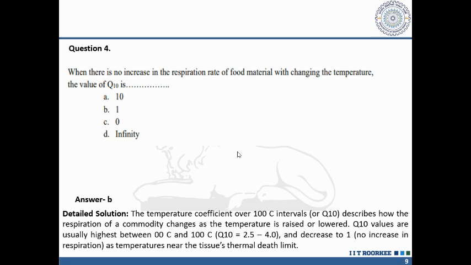The Q10 values are usually higher between 0 degree centigrade and 10 degree centigrade, that is Q10 is equal to 2.5 to 4, and decreases up to 1, so no increase, as the temperature nears the tissue thermal death limit. So the Q10 value will be 1 if there is no increase in the respiration rate with change in the temperature. Okay, so that is your answer, 1.